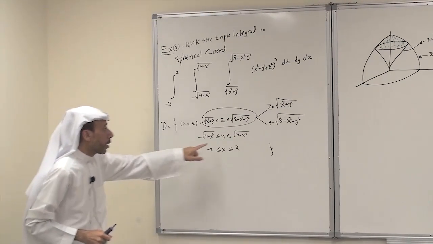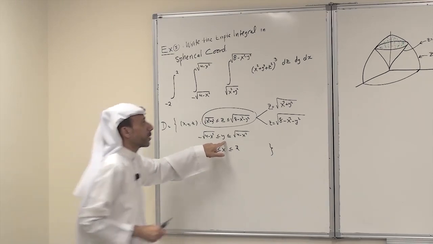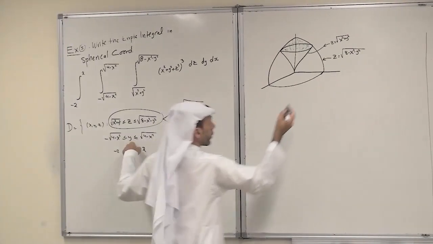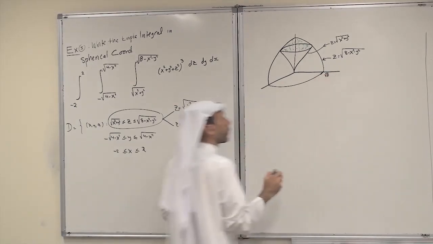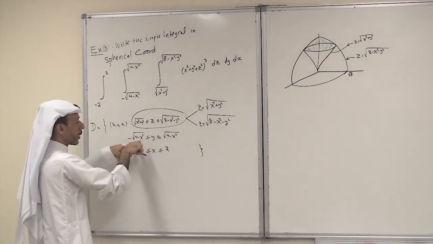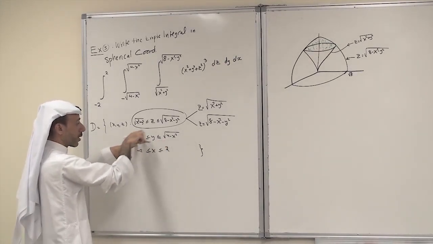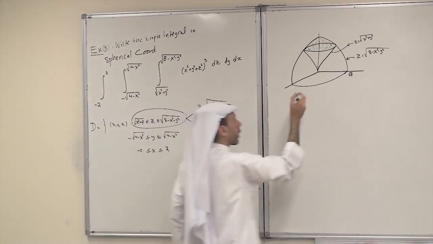If you go to the y and the x, here in the xy plane, this is root 8, the radius of this sphere. Here in the xy plane, the intersection is a circle of center the origin and radius 2, so I have something like this.